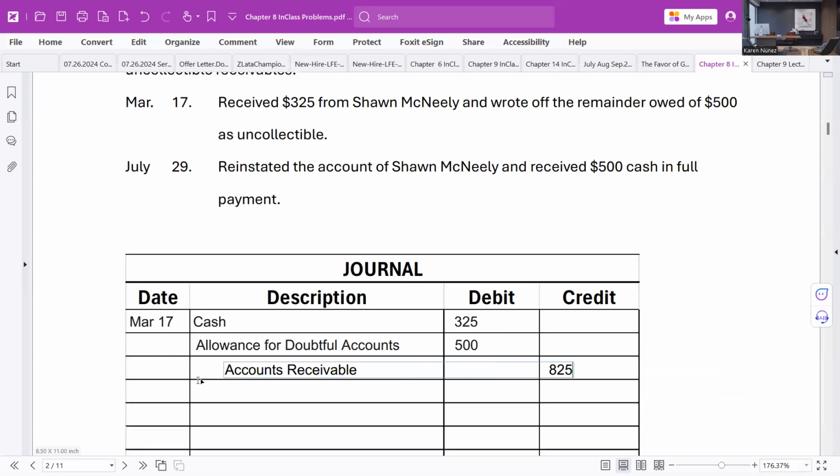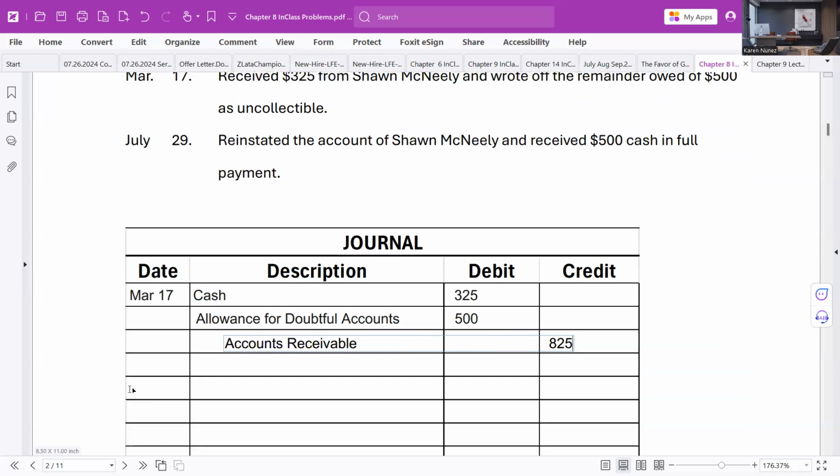Then again, down the road, we're able to determine that the customer will be able to pay something. So we want to reinstate that account receivable on July 29th. We're going to put that account back on our books for $500, and we're going to go back to that allowance account and reverse it.